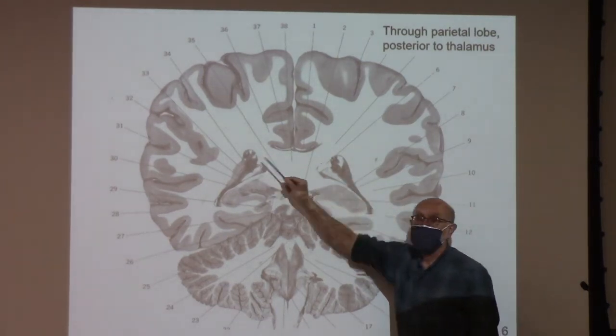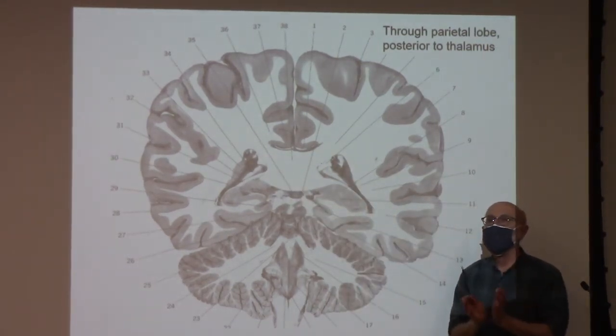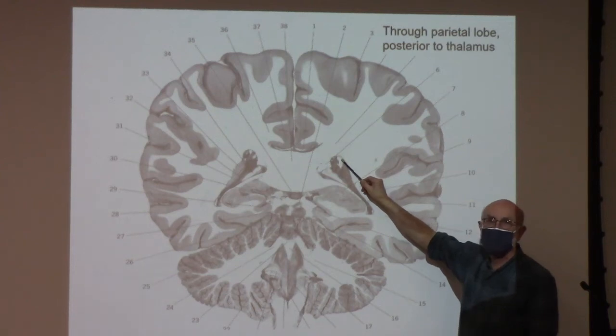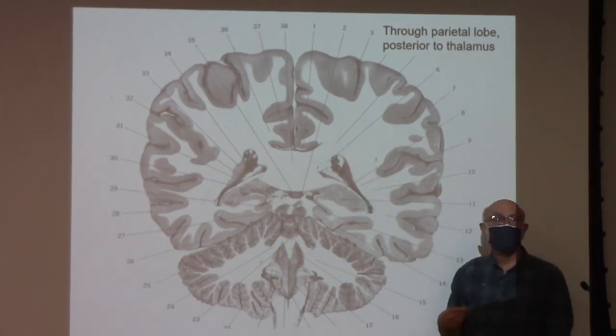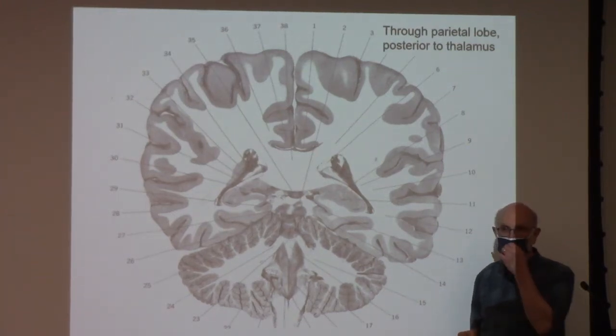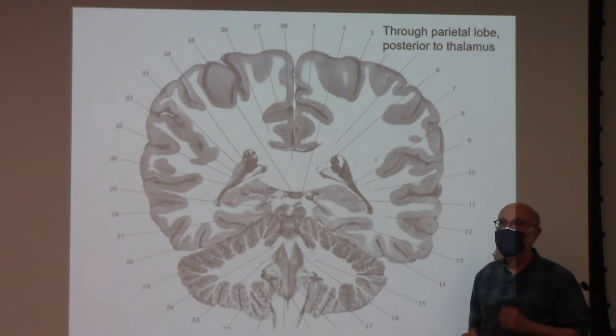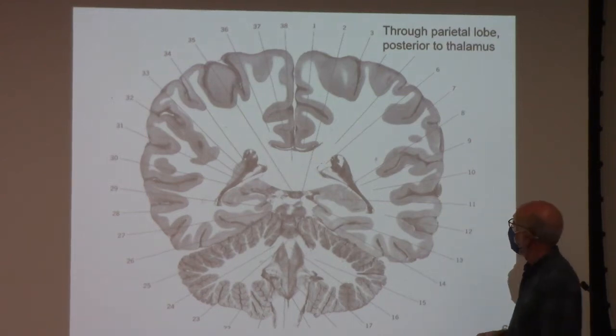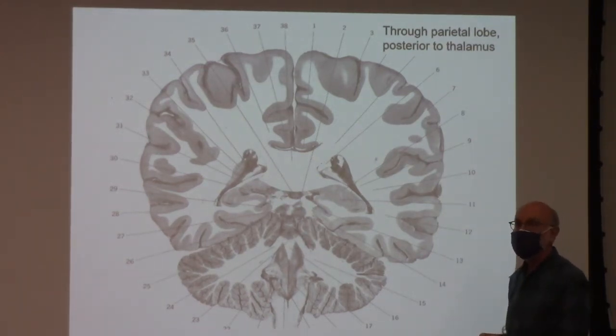That's the material that lines the inside of the ventricles, especially the lateral ventricles, and makes cerebrospinal fluid. Its job is to make the fluid that bathes the brain. It's not neurons, it's an epithelium.